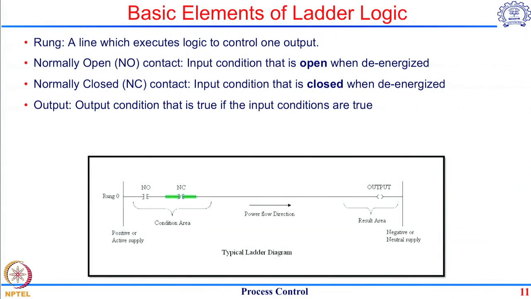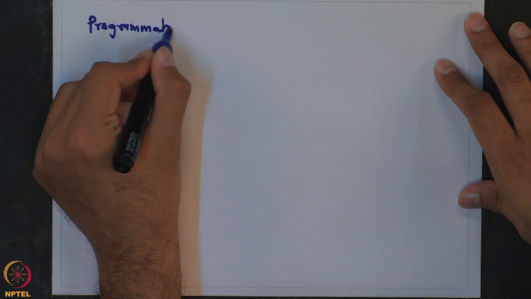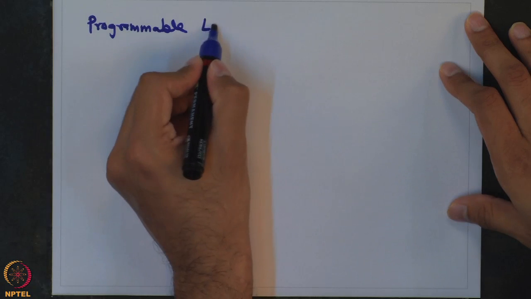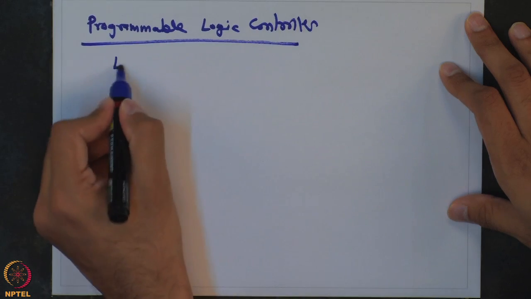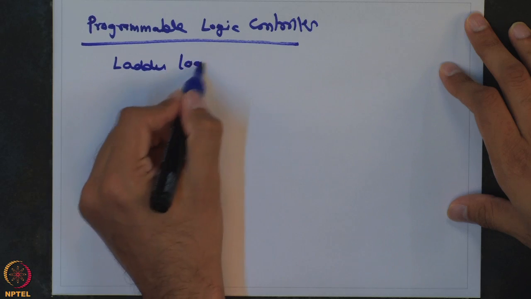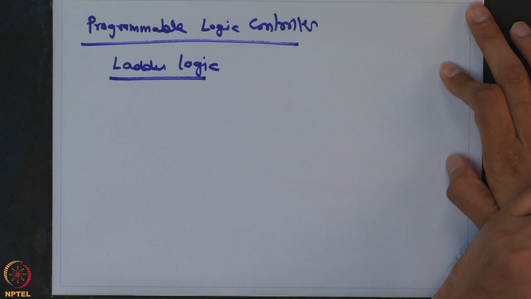So, let us now see if you really want to incorporate this into a programmable logic control, how do you go about it. The logic which this PLC controller uses is known as ladder logic. So, it uses ladder logic, and it is essentially a ladder.